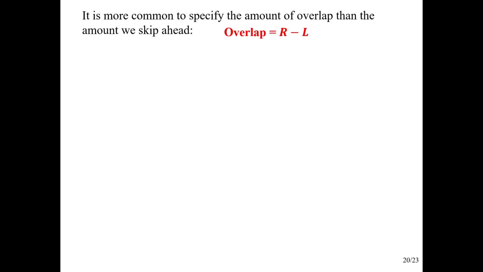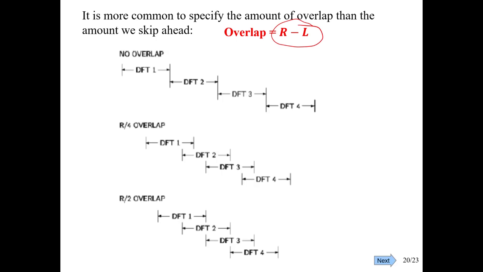So if we define the overlap as R minus L, here's a picture. So we often describe this overlap as a fraction of R. So we look at the overlap. So here, there's no overlap. So in that case, R and L would be equal to each other.